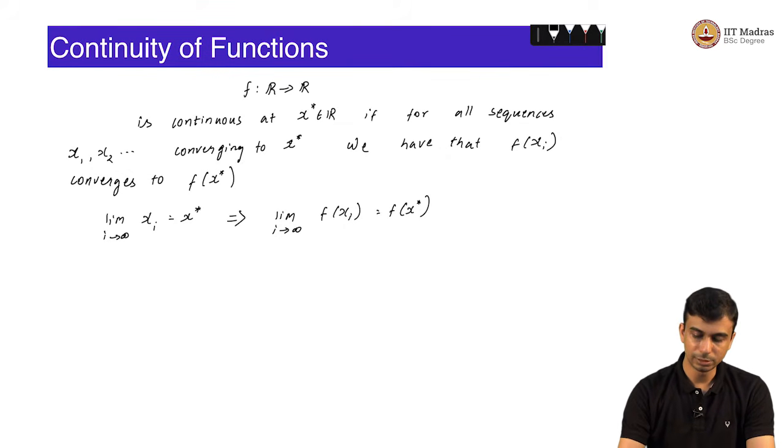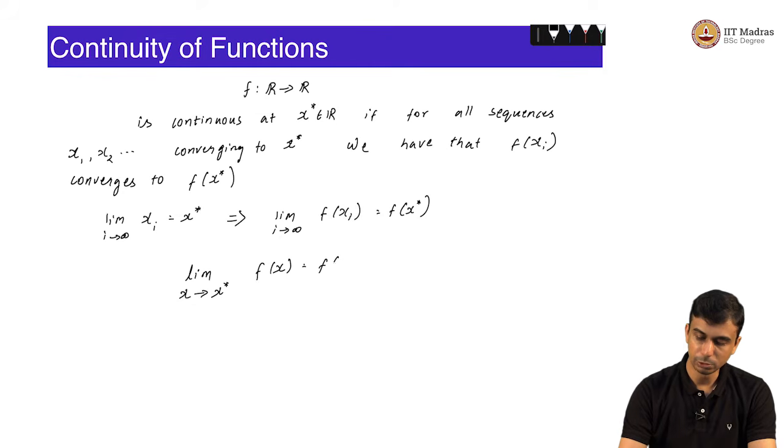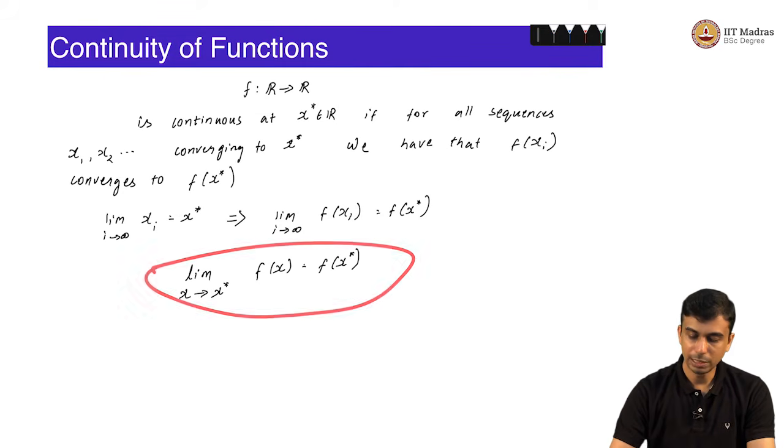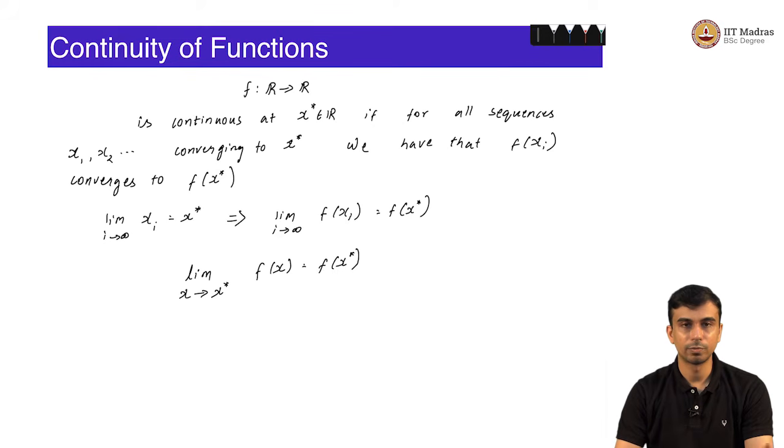Or you will write this more compactly as limit x approaching x star of f of x is equal to f of x star. So this is the statement for a function f being continuous at a given point x star.